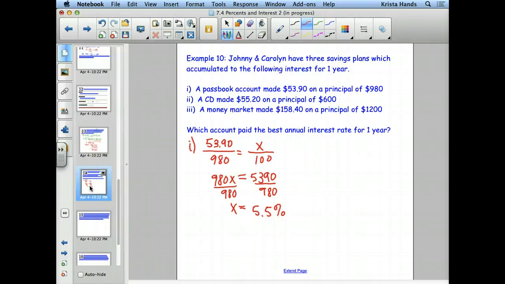Okay, so let me show you another way to do it. But we're going to do number 2. Okay, so obviously we can do the same process on all 3 of these. Agreed? Okay, so let me show you another option. Let's say we have this CD. This is $55.20 on a principal of $600. What you could do is take these 2 right here and use your calculator to divide them and simply multiply by 100%.